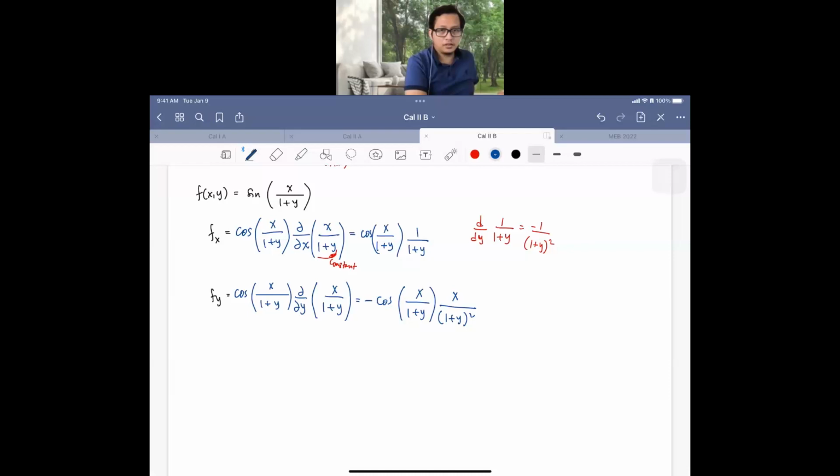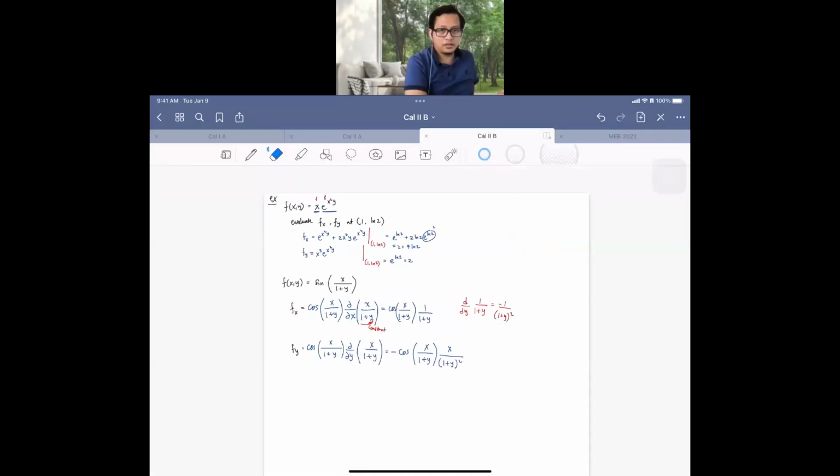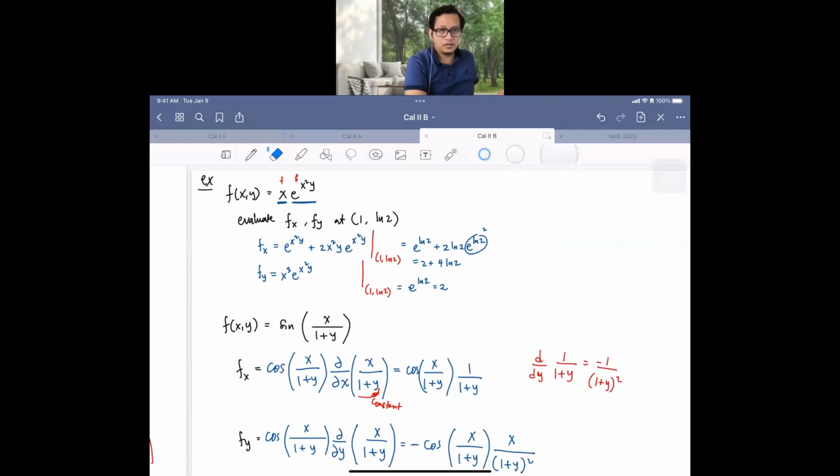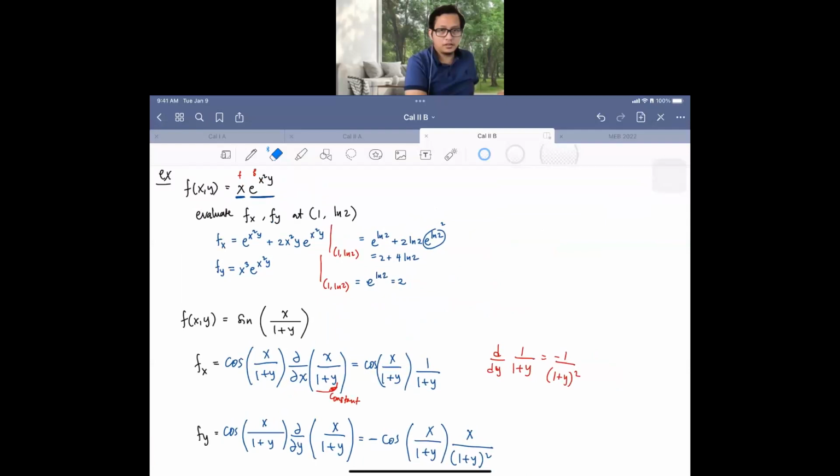Okay, I think we can start by reviewing what we have done, at least from these two examples, how we can derive a function of two variables. We can derive partially. So the writings for partial, we are going to have f with x like that, or f with y like that.